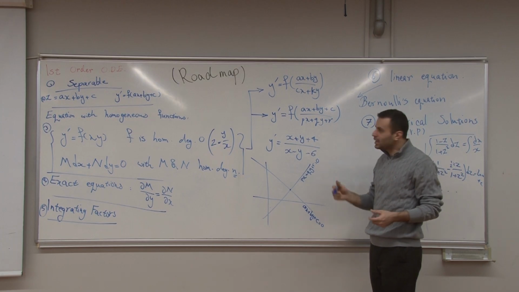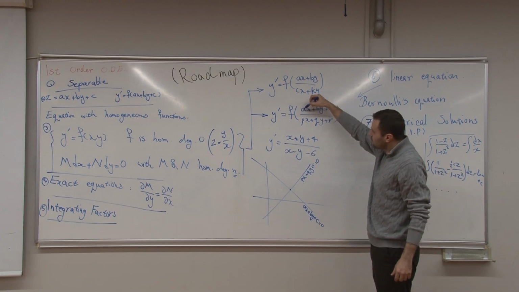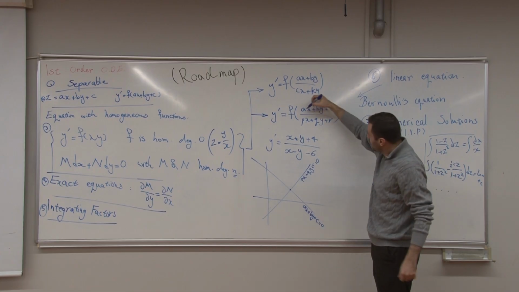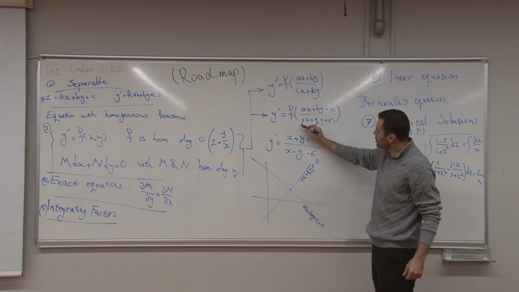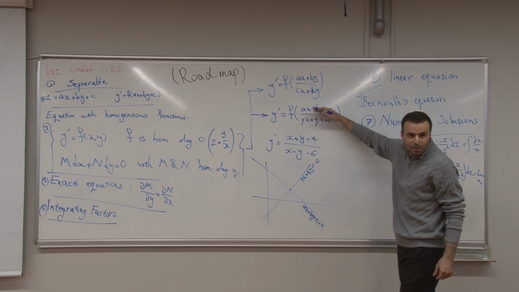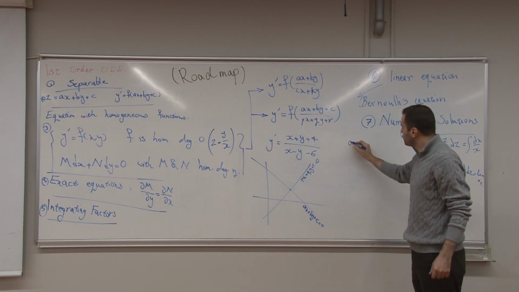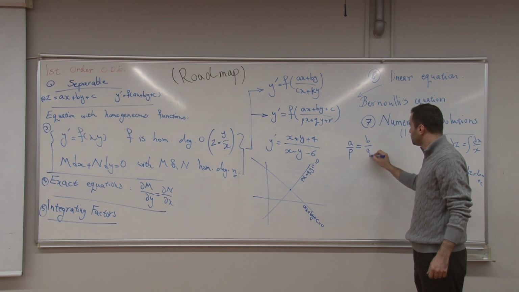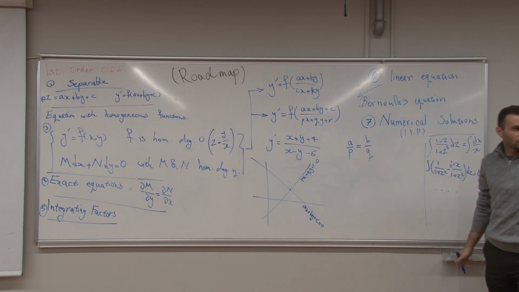Or you can also say that just calculate this determinant, a times q minus b times p. What you're saying is this. These two lines are parallel to each other if and only if a divided by p is equal to b divided by q. Okay?